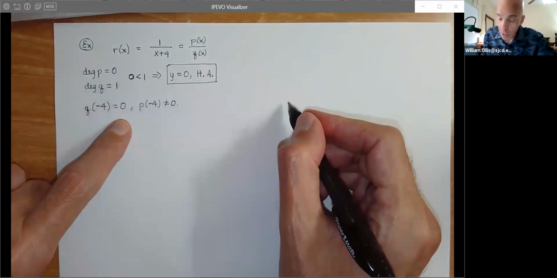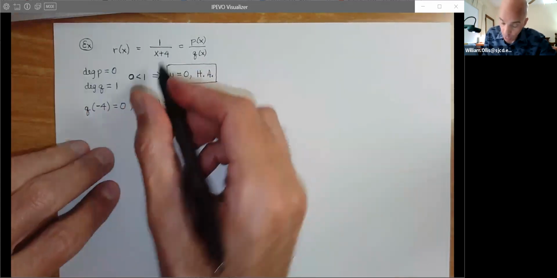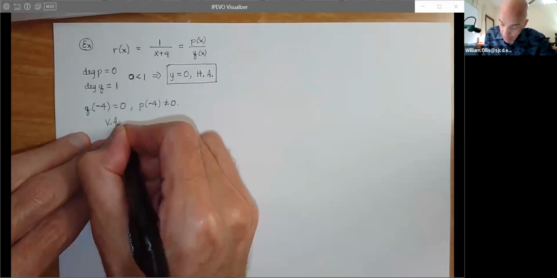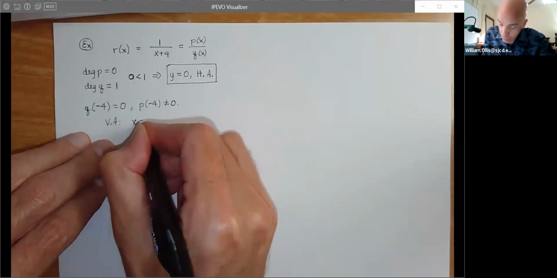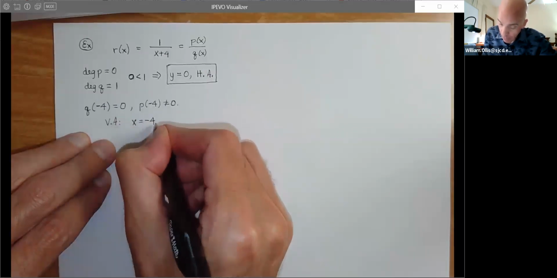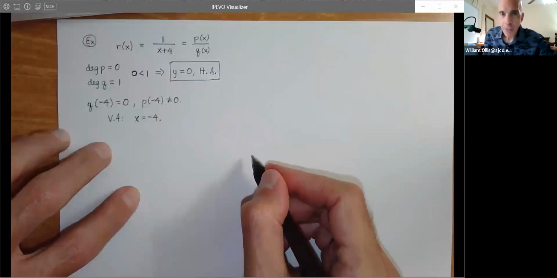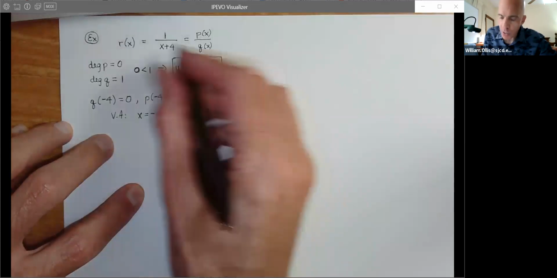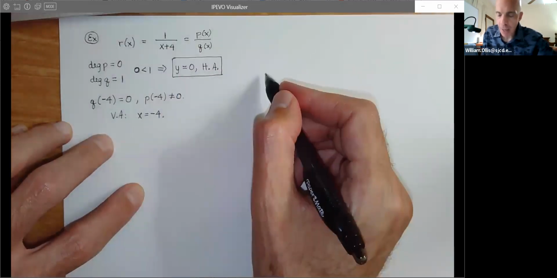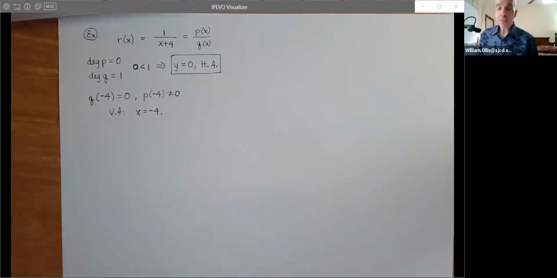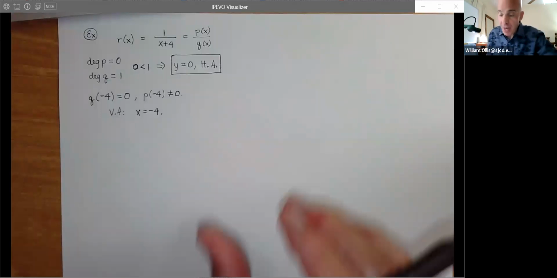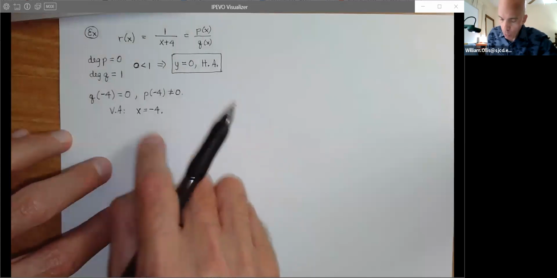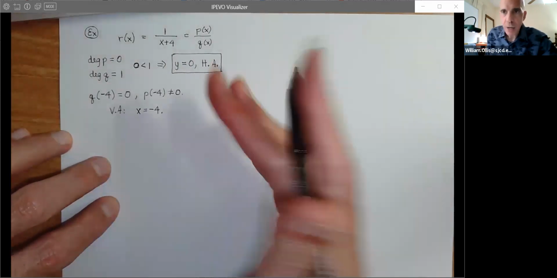By definition, we have a vertical asymptote, and so we say VA, X equals -4. Okay? Now, very simple, but very important. We will do this regardless of how much stuff we have. If there's more stuff, that means we have a little bit more to think about, but we analyze it the same.